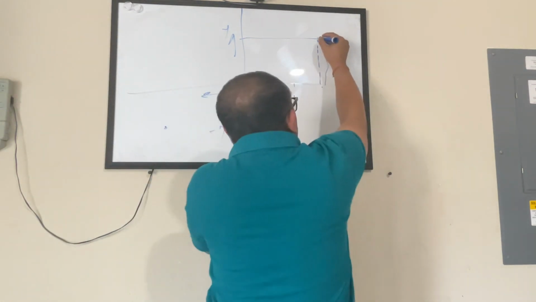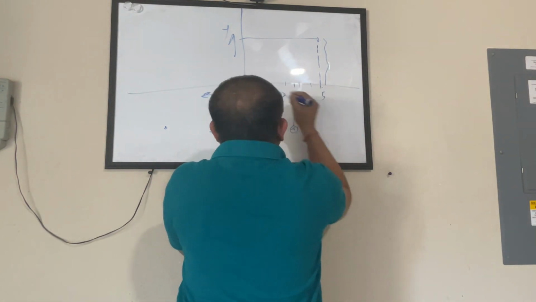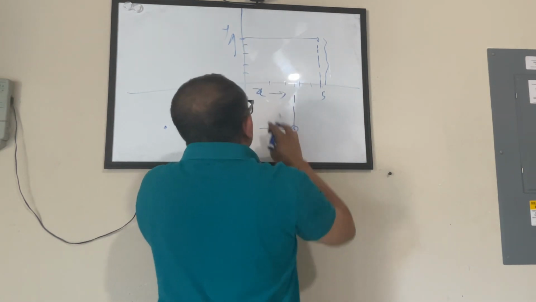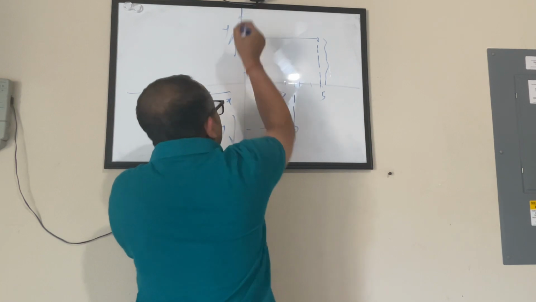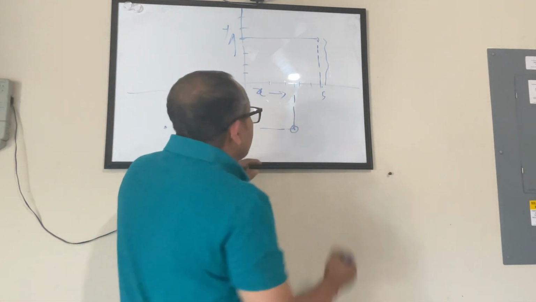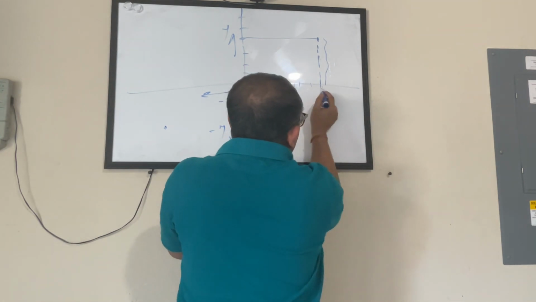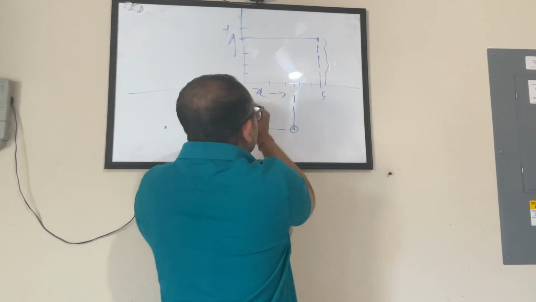So if I look at this point, let's say this was 1, 2, 3, 4, 5 in the graph. 1, 2, 3, 4, 4. Let's not make it 5. Let's say 1, 2, 3, 4, 5, 6. Okay. Now look at this point. This point is 5 units away from the origin. This is the origin, right?